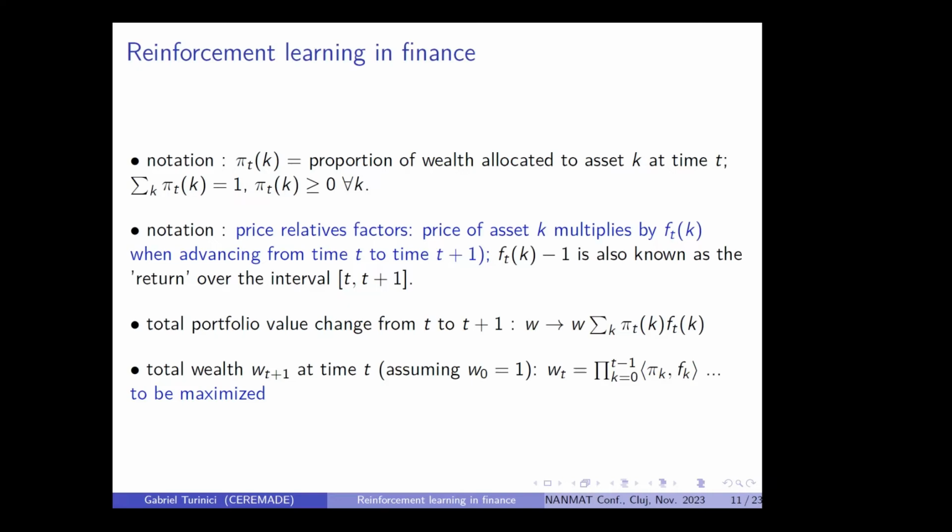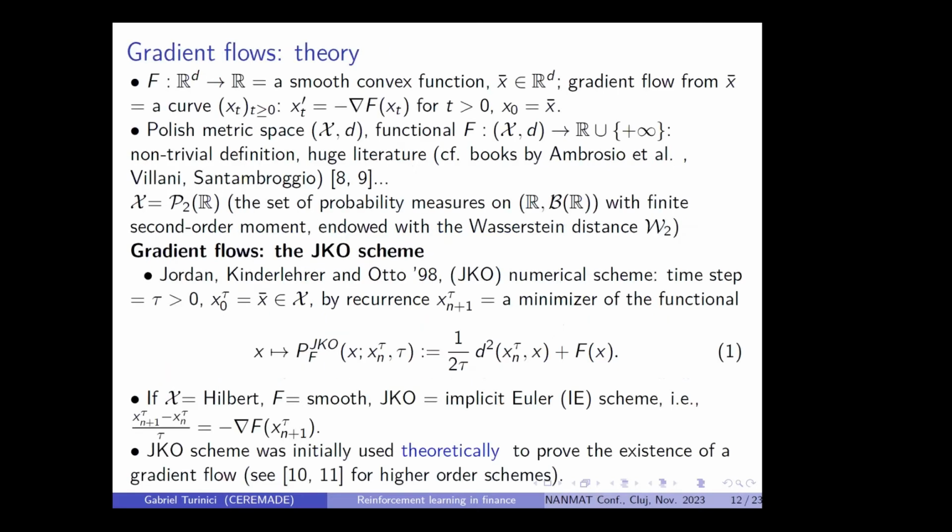When you maximize a function, these pi_k are elements in a complicated space. I will come back to that. So either you maximize or minimize, you have to optimize some functions on a complicated space. You will see that we are concerned with probability laws, and they live in a metric space, not in a Hilbert space.